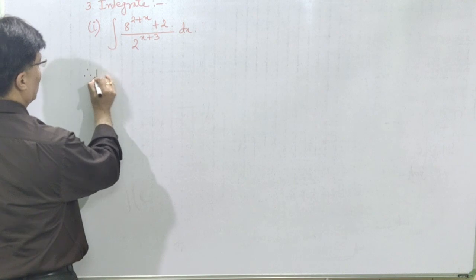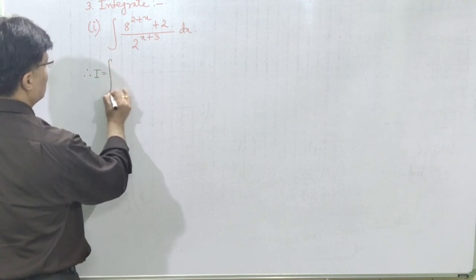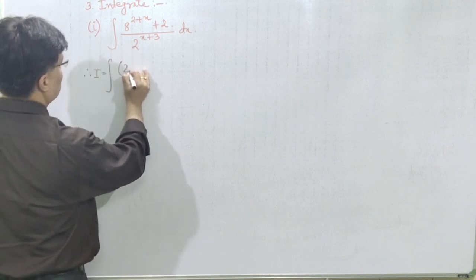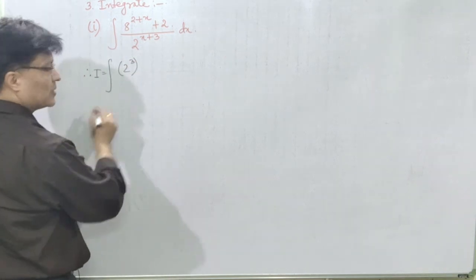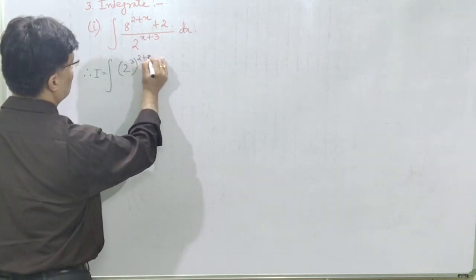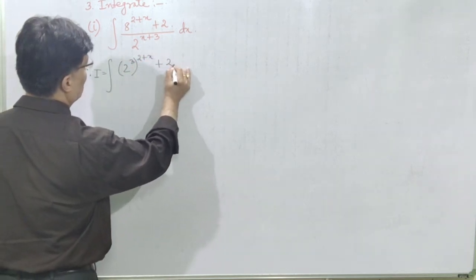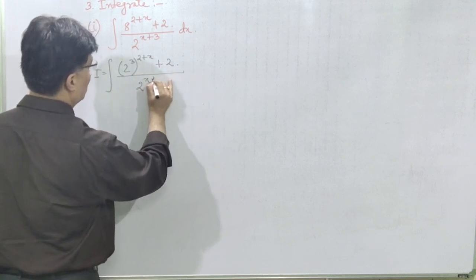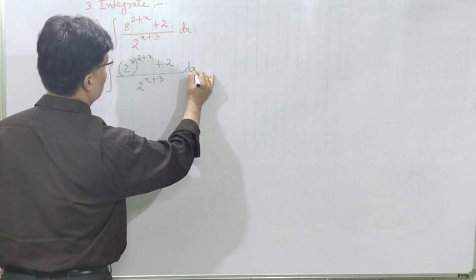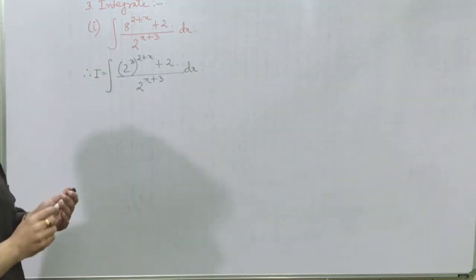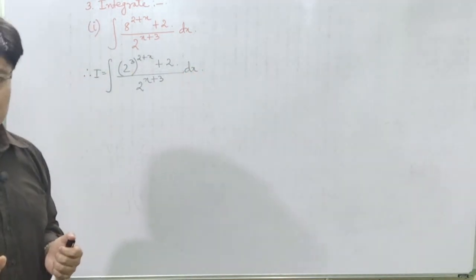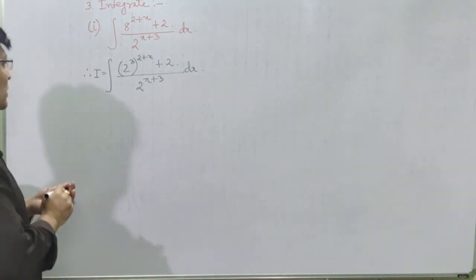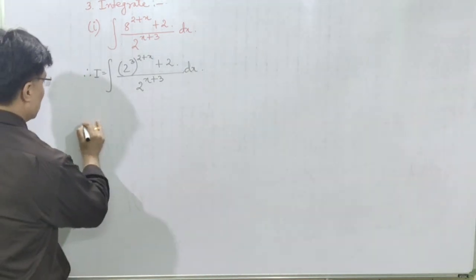Therefore I is equal to integration of, this 2 cube is 8, whole to the power 2 plus x, then plus 2, this whole divided by 2 to the power x plus 3, then you can write dx. I think you have understood it. Let us simplify it further.